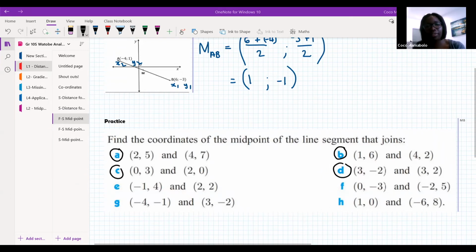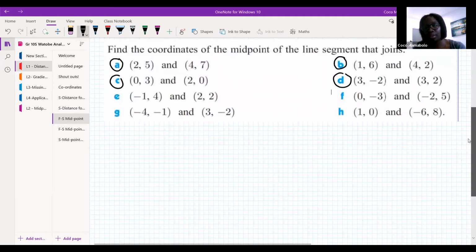You guys are quite fast. But this is quite easy, I'll admit. It is quite easy. I'll give everyone else 1 more minute and then we can continue. Well done, guys.